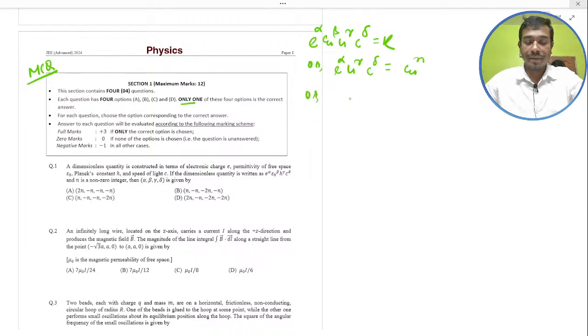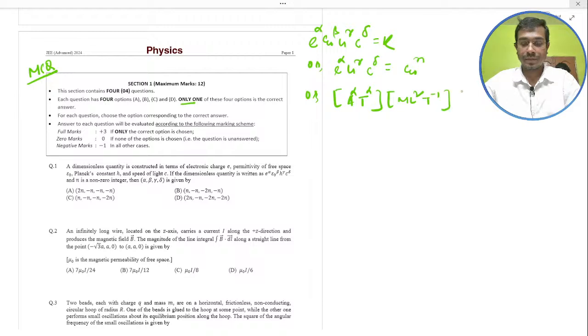So by the equality of dimensions, T inverse to the power gamma and the C, LT minus 1 speed to the power delta, this is equal to epsilon naught to the power n. That means A to the power twice n, T to the power 4n, M to the power minus n, M inverse, L to the power minus thrice n.